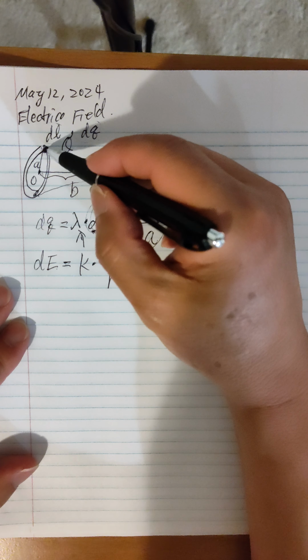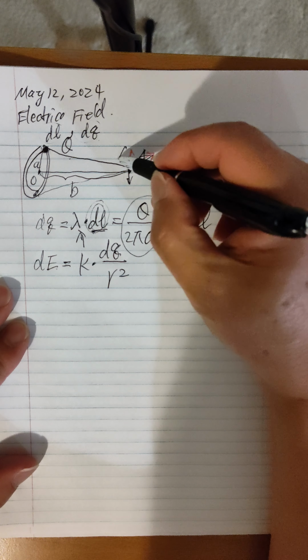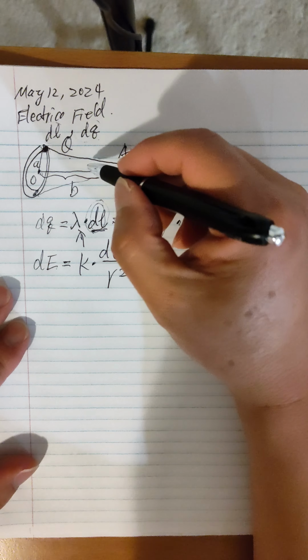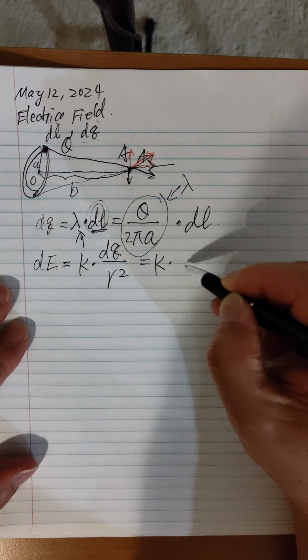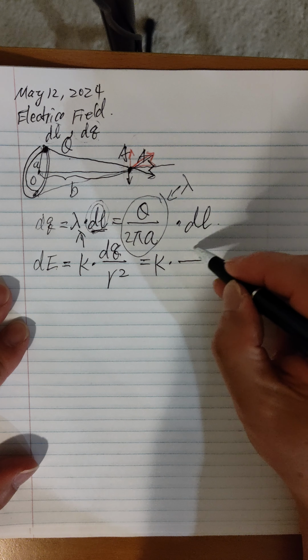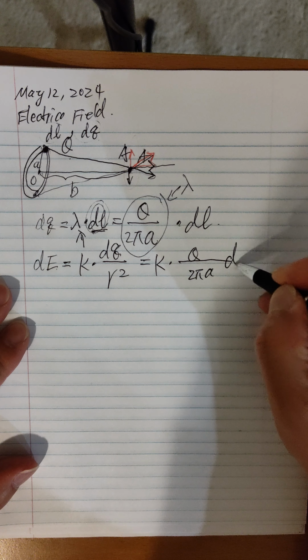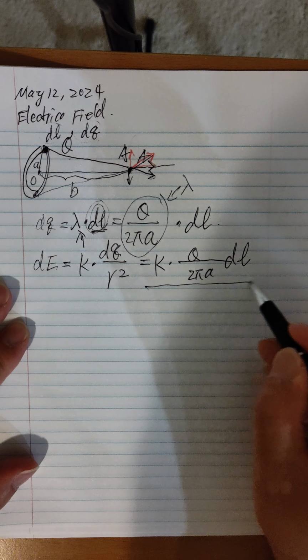The r is the distance between the dq right here and the point A, the point of interest. Now k is the constant, and dq is Q over 2 pi a times dl. But now we need to look at the r squared.